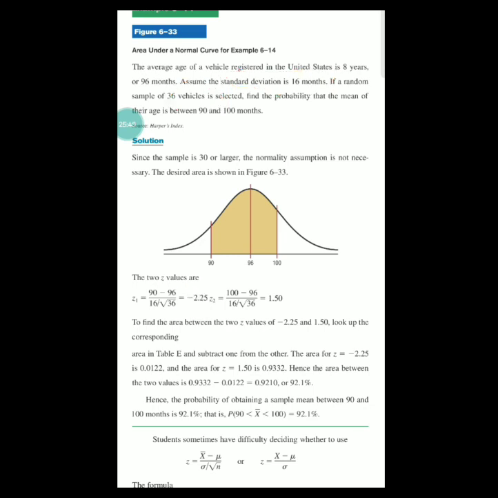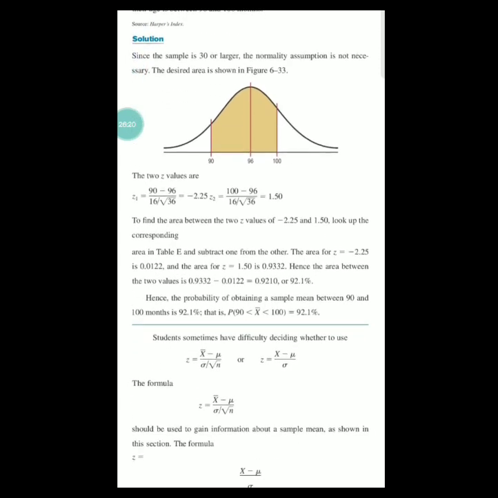So 100 minus 96 over 16 divided by the square root of 36. We just replace the 90 from earlier with 100, since our population mean, standard deviation, and sample size stay the same. So 100 minus 96 over 16 divided by the square root of 36 is equal to 1.50.